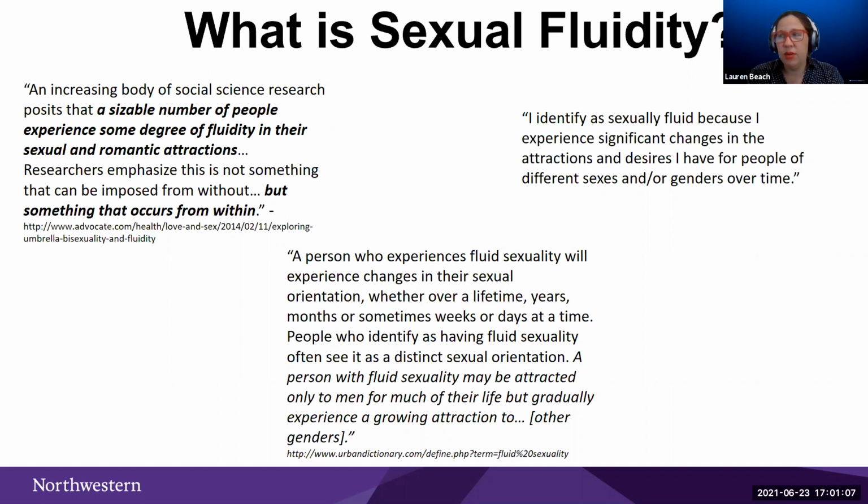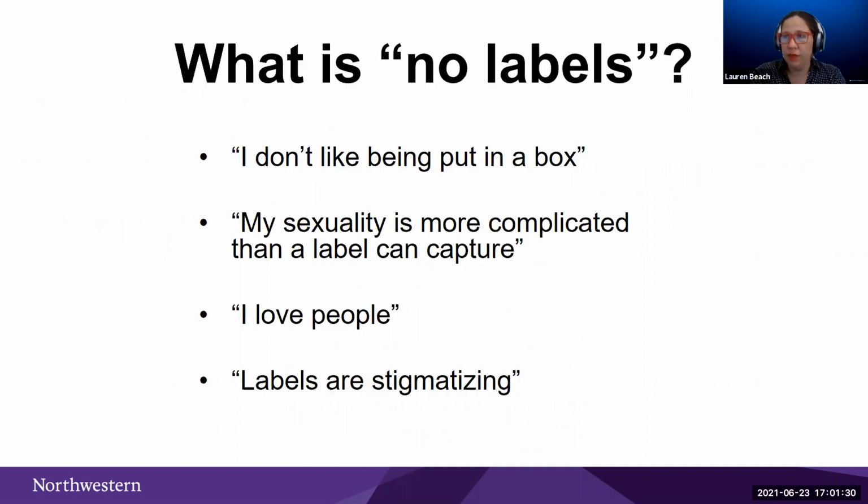And it is referencing the fact that, for example, in this personal definition: I identify as sexually fluid because I experience significant changes in the attractions and desires I have for people of different sexes and or genders over time. So the actual change and shifting of attraction and desire for this person is the defining factor of their sexual orientation. So they identify as fluid.